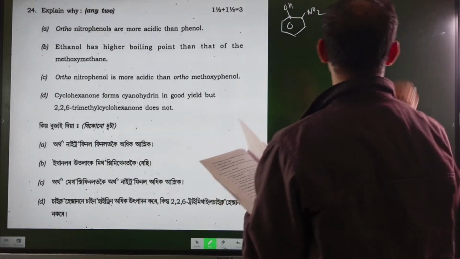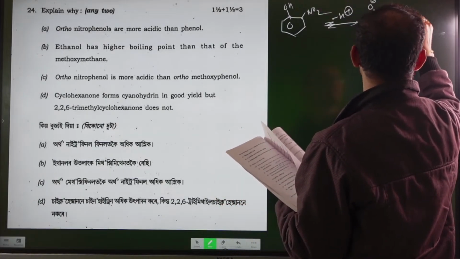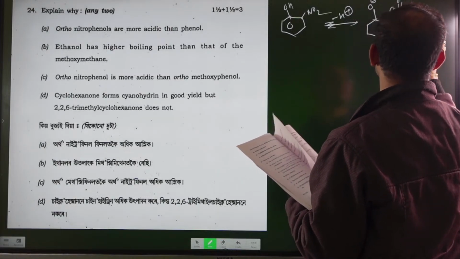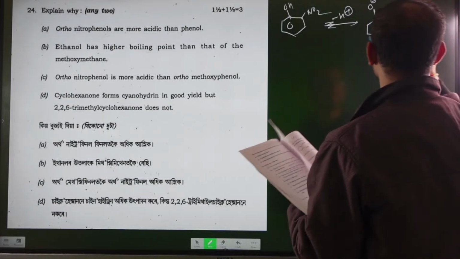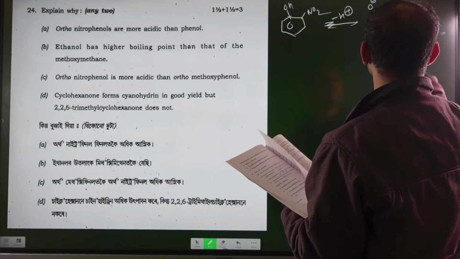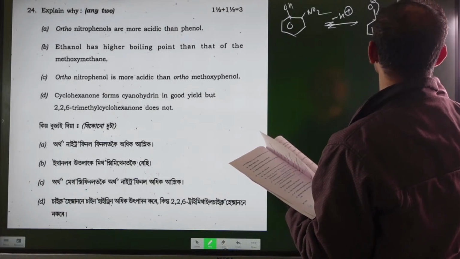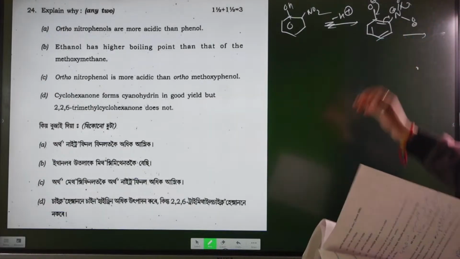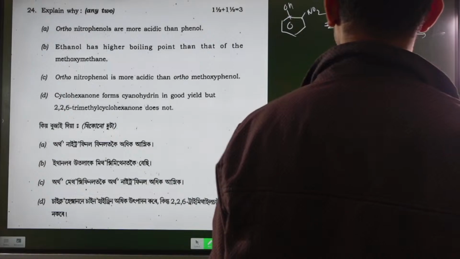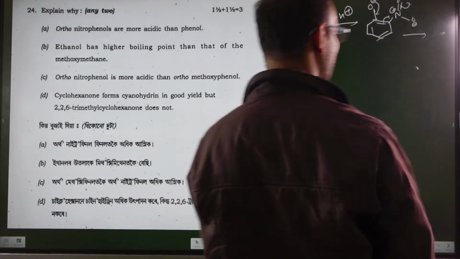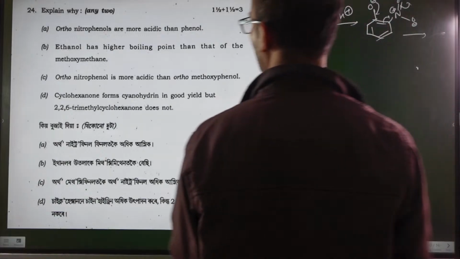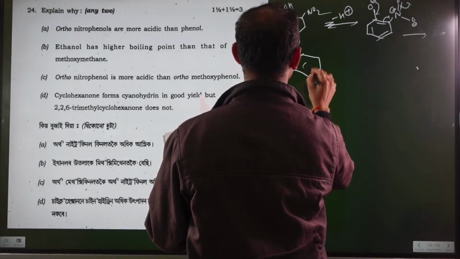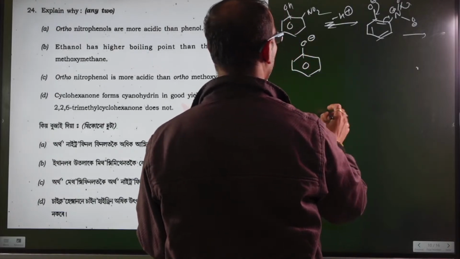So the proton will be eliminated, and then NO2 means N double bond. So this will undergo resonance stabilization like that. So you can have too many resonating structures in orthonitrophenol. Therefore, this is the stronger acid. Means orthonitrophenol is more acidic compared to phenol. But in case of phenol, you never get so many resonating structures.